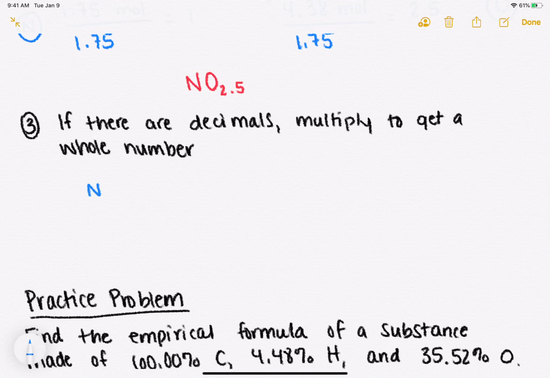So for nitrogen, we have 1 nitrogen times 2, which will give us 2. For oxygen, we have 2.5 oxygens times 2. That will give us 5.